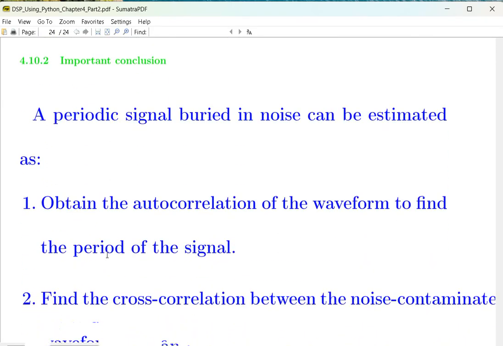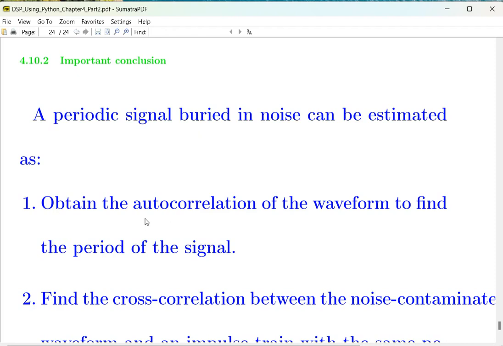Now, an important conclusion. A periodic signal buried in noise can be estimated as follows. First, obtain the autocorrelation of the waveform to find the period of the signal, which you cannot see and observe in normal situations because the signal has been buried inside very strong noise.